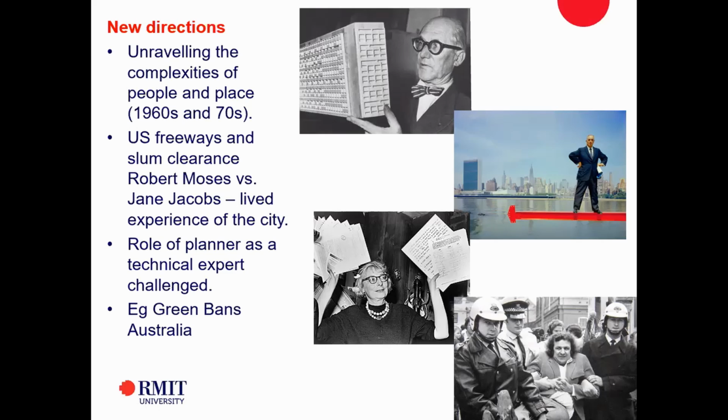It refused to demolish historic sites, and hence the Green Bans movement was born out of the actions of Jack Mundey and his union, in coalition with middle class groups in Sydney and Melbourne, who agreed with what the trade unions were doing, which was to not work on these particular sites in order to maintain and improve the amenity of the city.